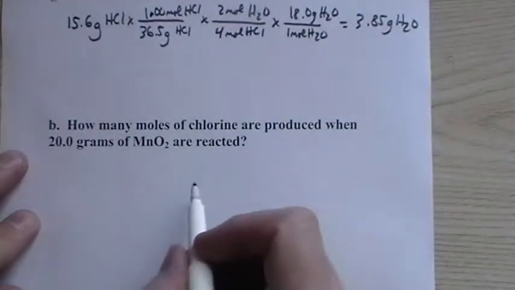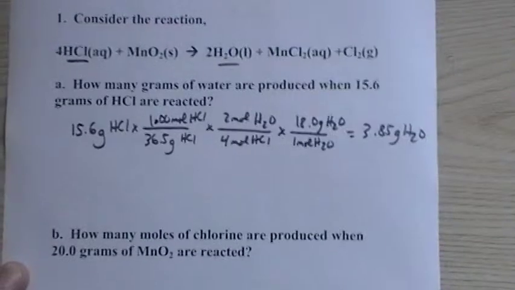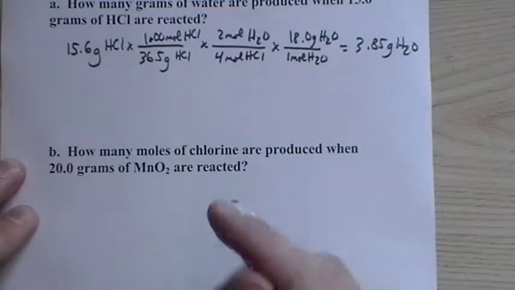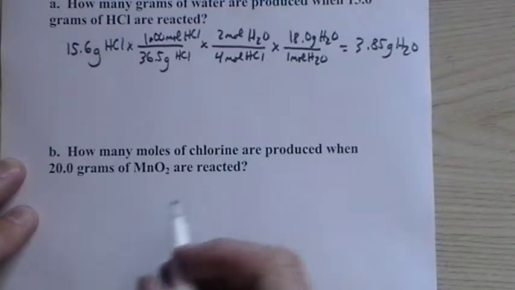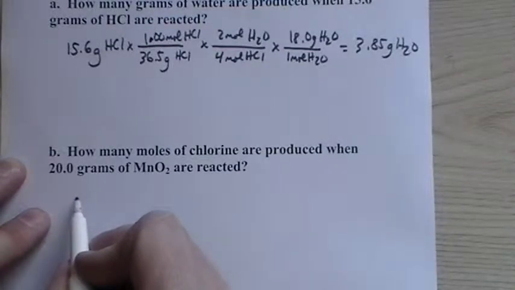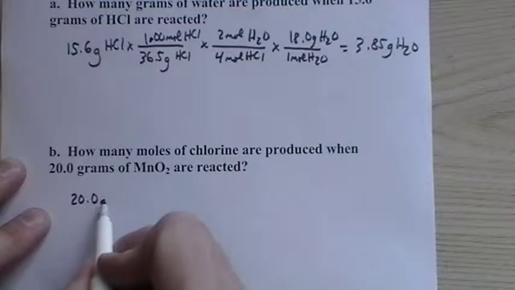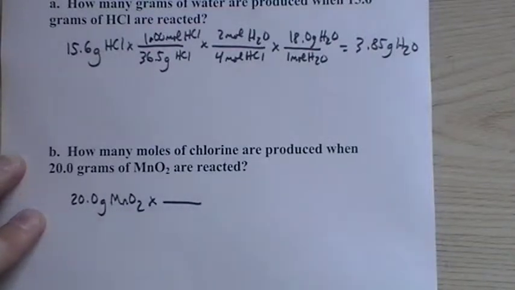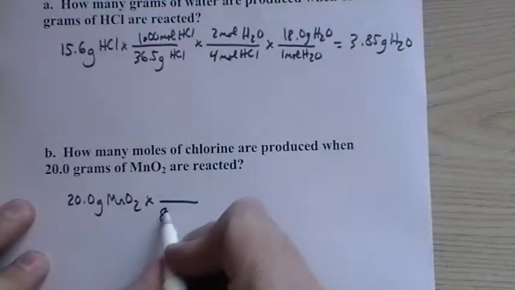Okay, so now let's look at here. I might have to jump back to the equation in a bit. How many moles of chlorine are produced when 20 grams of manganese 4 oxide are reacted? So we have 20 grams, write down what you know. We have 20 grams of manganese oxide. If we're going to work with it, we need to be in terms of moles.